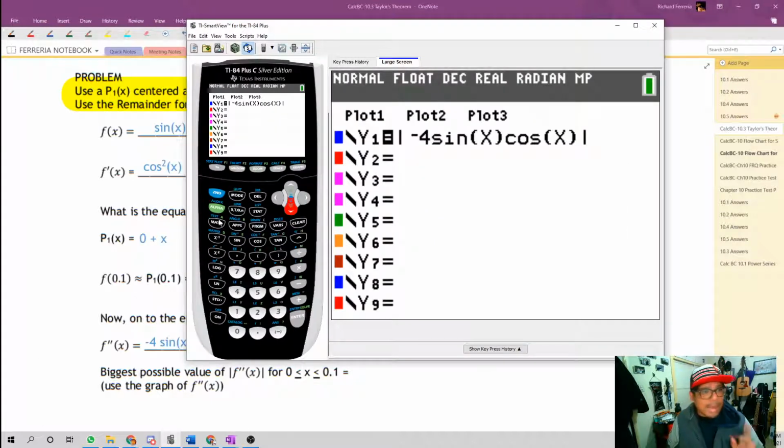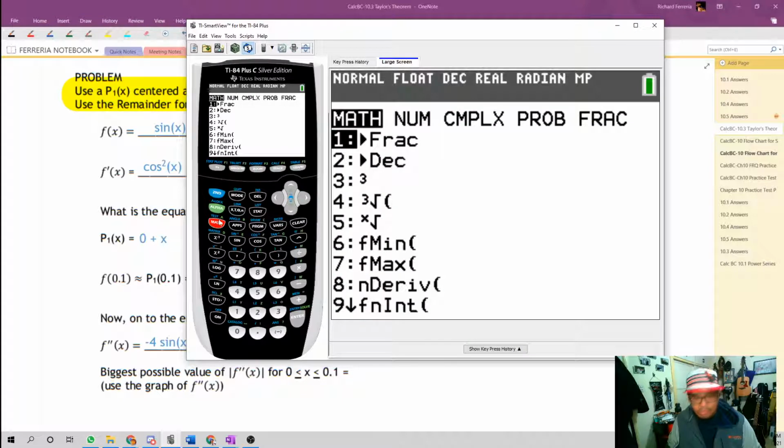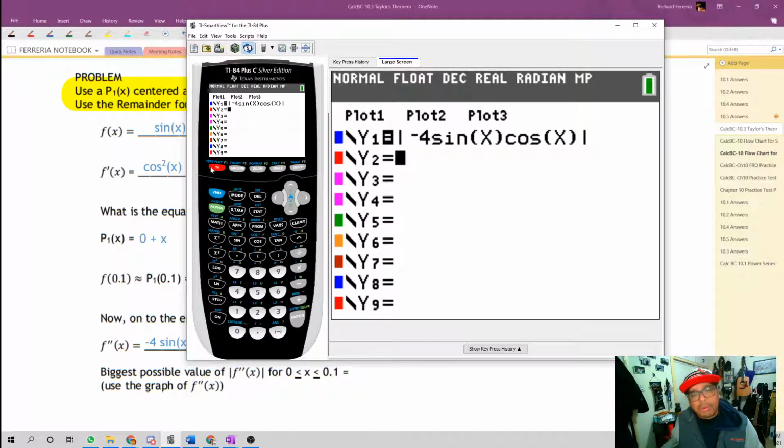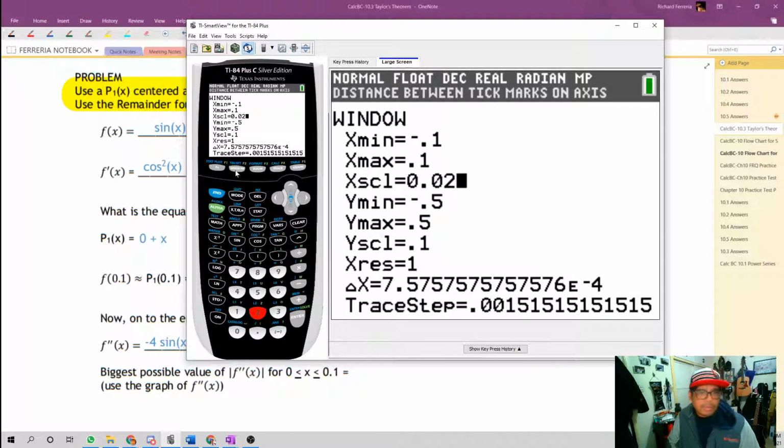So we put the absolute value of that into our y equals. And here I want to go ahead and set my window equal to center minus the point of estimation to center plus the point of estimation.